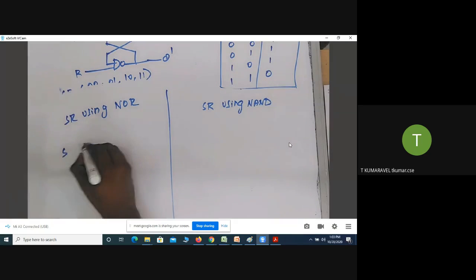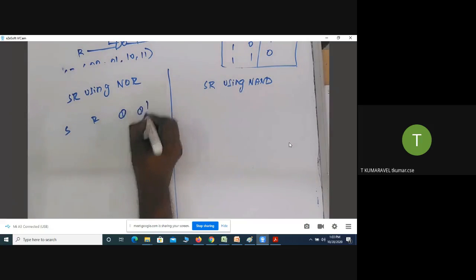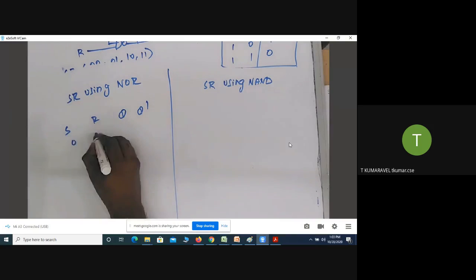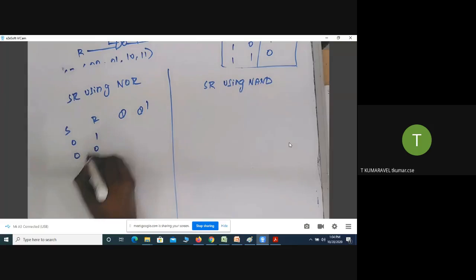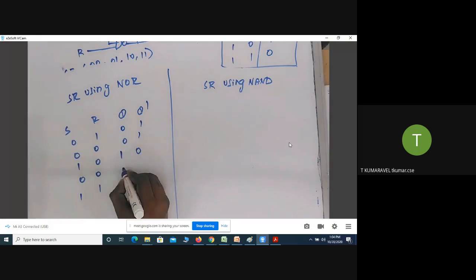For SR, what are the two outputs? Q and Q bar. What is the input combination? 0 1, 0 0, 1 0, 1 1. What is the output? 0 1, 0 1, 1 0, 1 0.